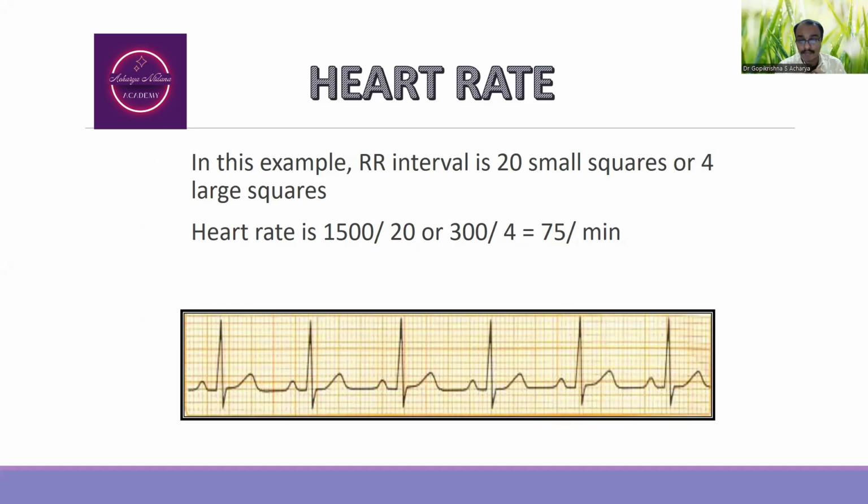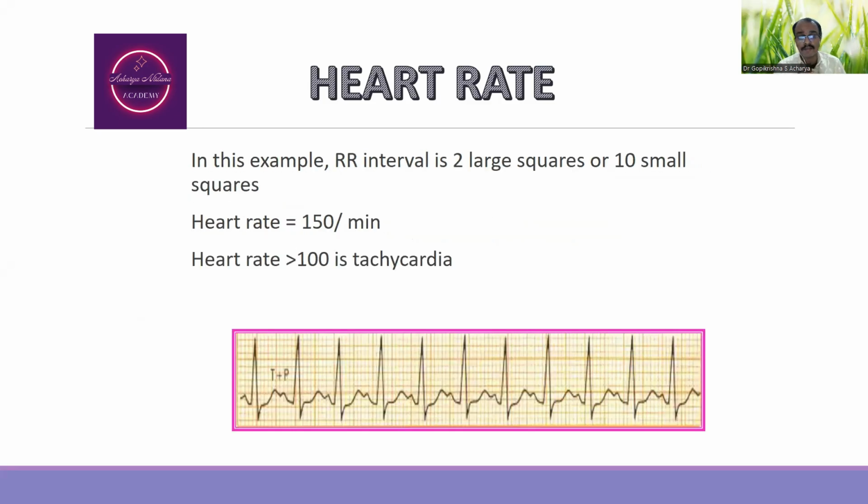In this particular example, see the RR interval has 20 small squares, or otherwise 4 large squares. If you calculate the heart rate in this example, it is 1500 divided by 20, or otherwise 300 divided by 4, giving us a heart rate of 75 per minute.